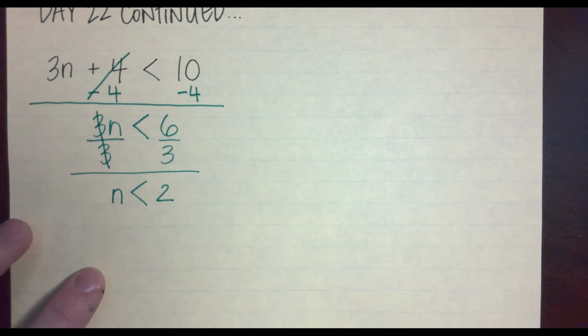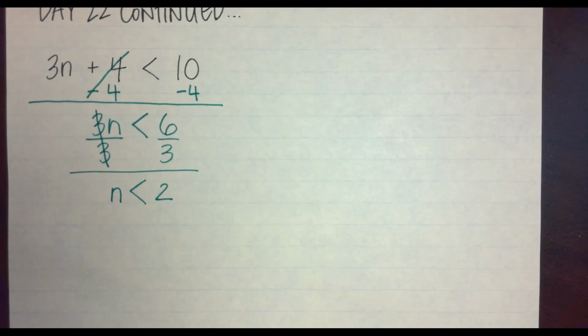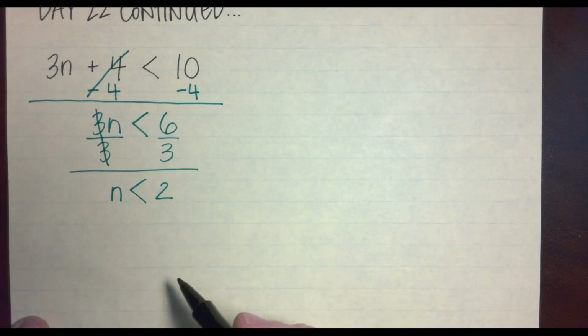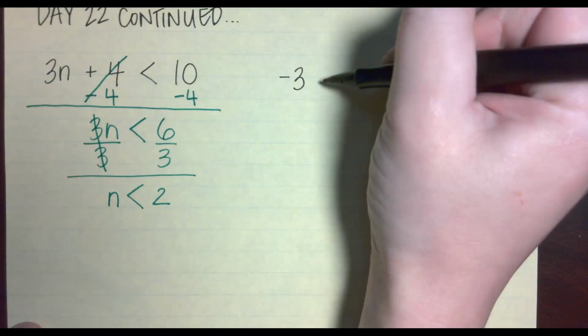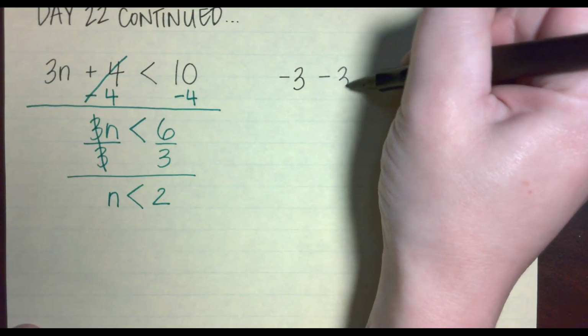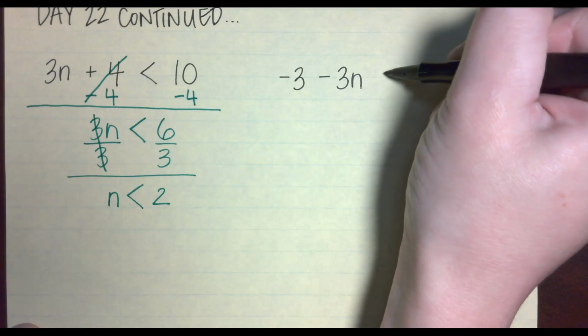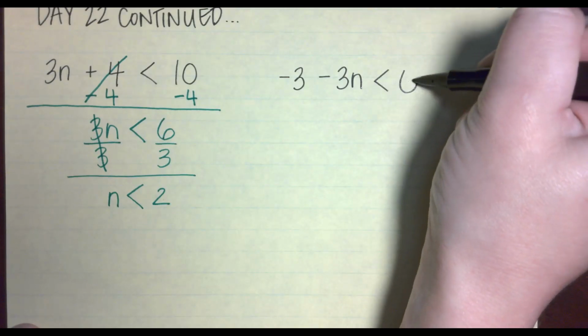All right, let's do another one like that. Here's kind of a tricky one. Let's do -3 - 3n < 6.